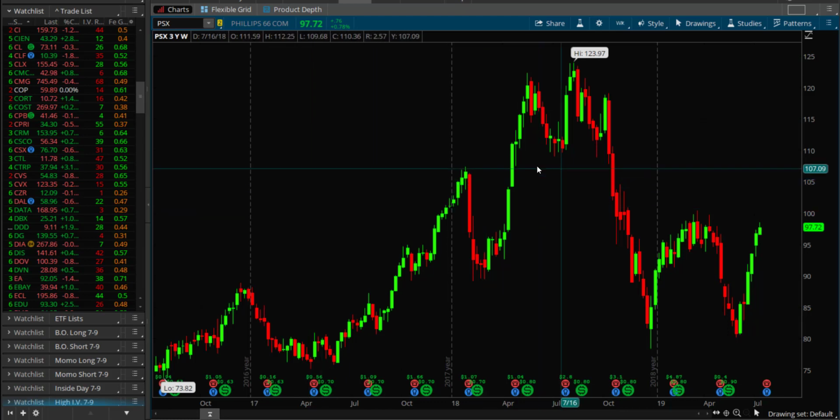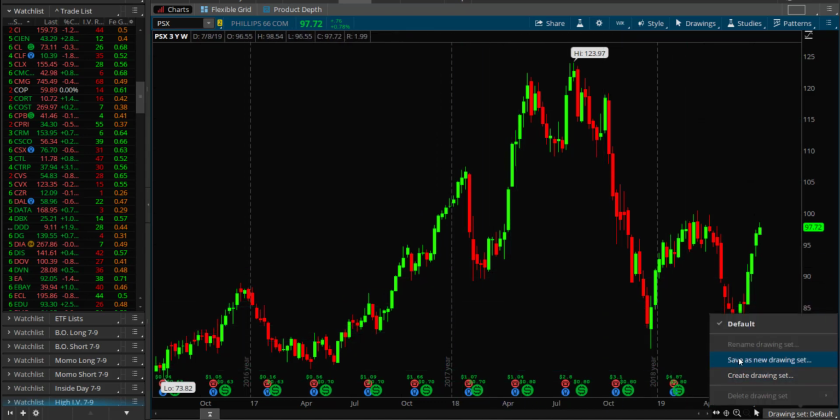When you're going through your time frames, doing your analysis, that's an important time to start drawing out those levels. Price has a habit of seeking the same areas, and you want to take the opportunity to mark those areas so that you can find them on all of your time frames, and you can save those in a drawing set so that it doesn't have to stay on your charts.